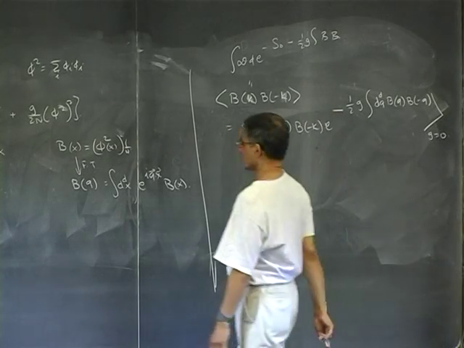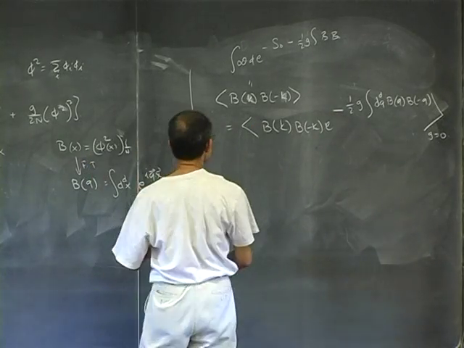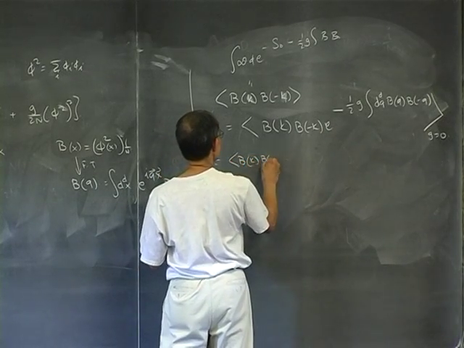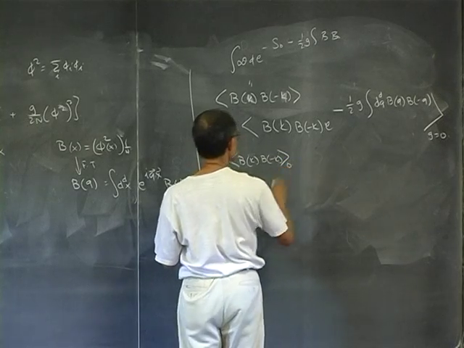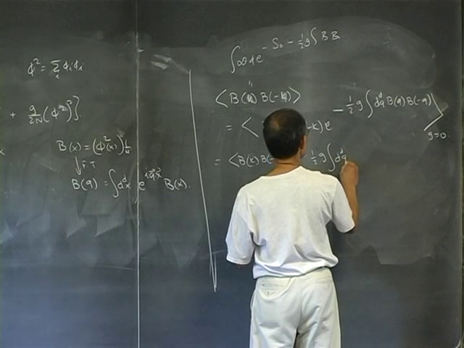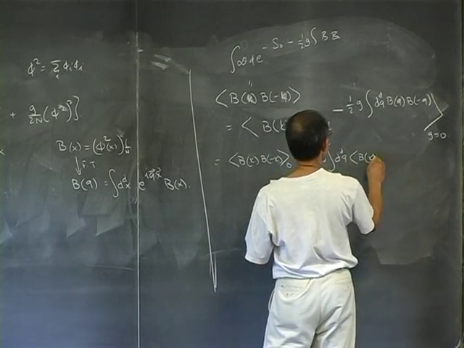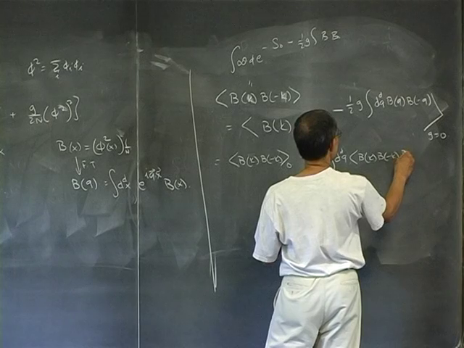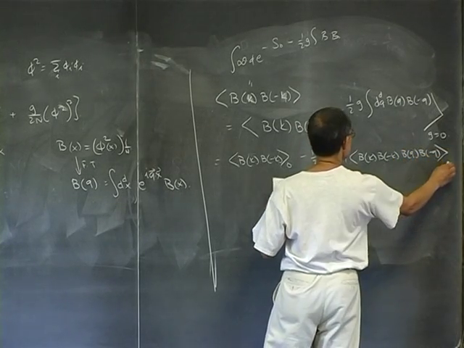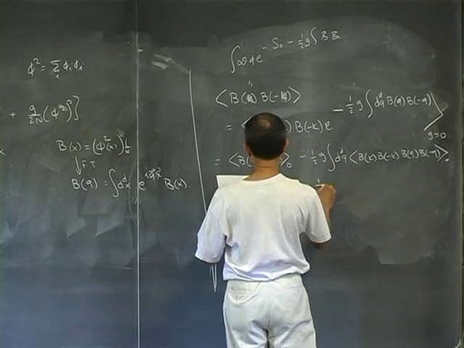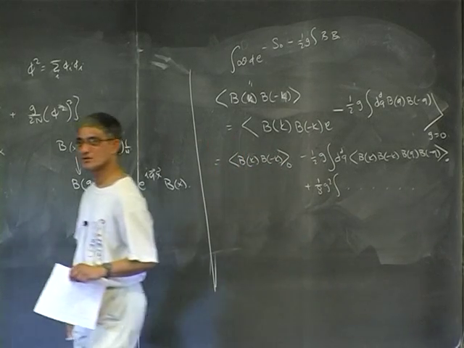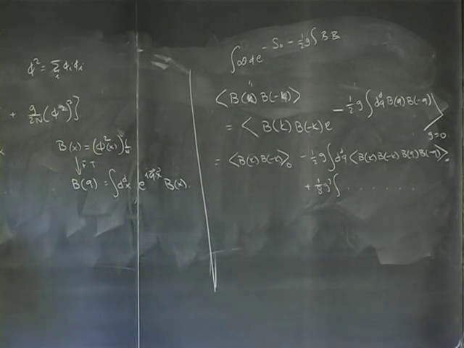Okay. And then what I do, let me expand this at 0 minus half g integral ddq at 0 plus 1/8 g squared, with the thing brought down twice.